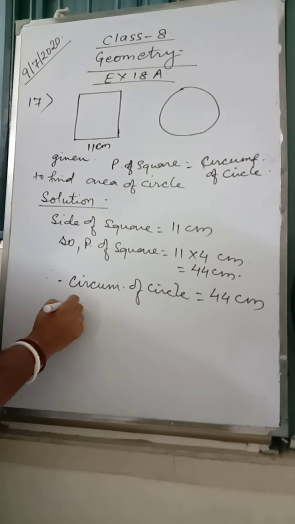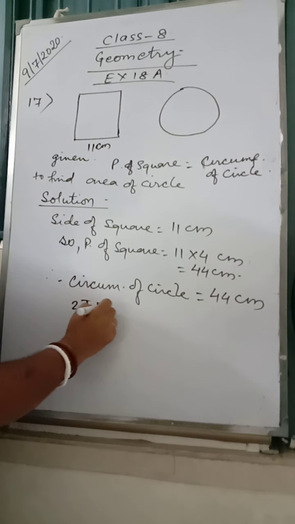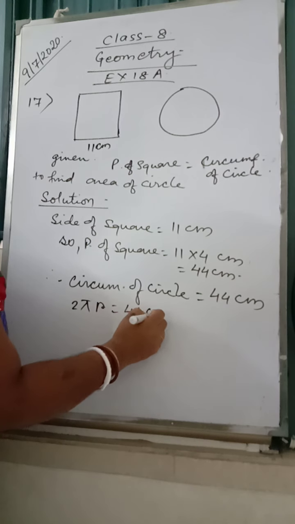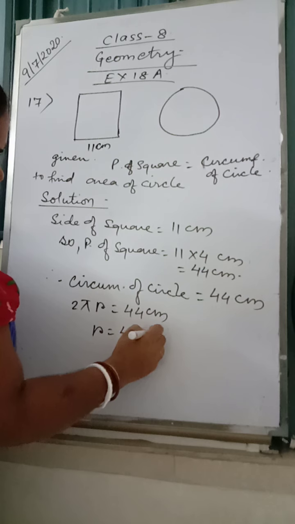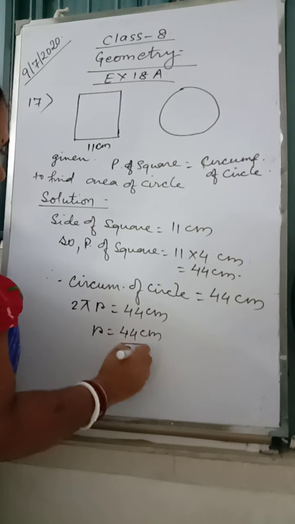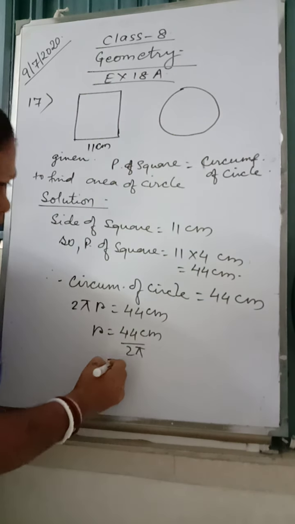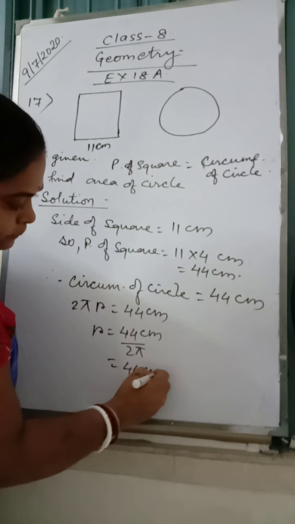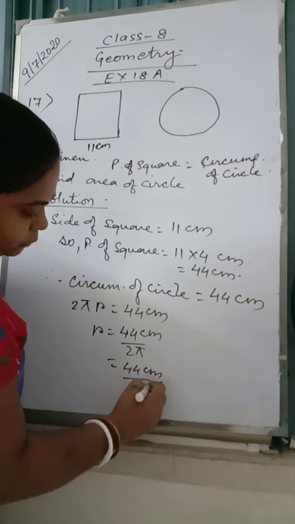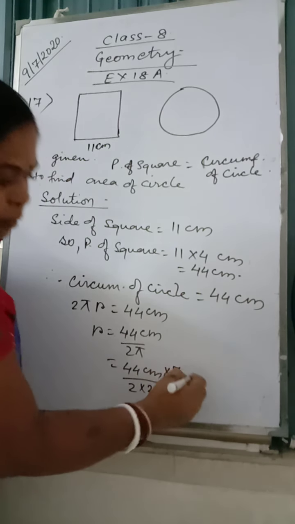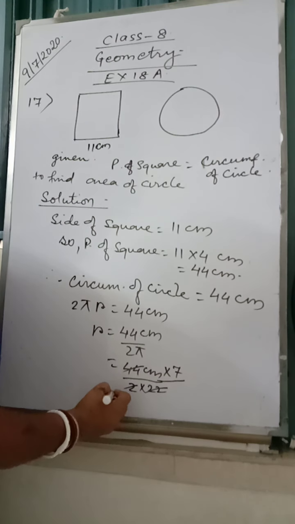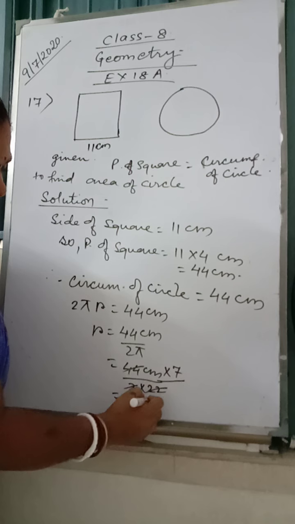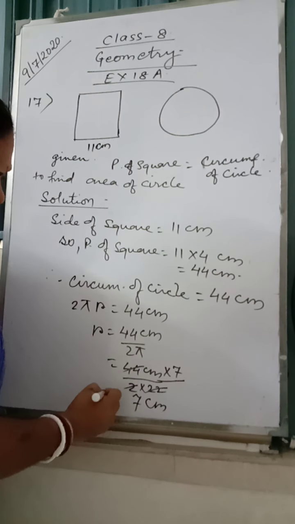So we can write 2 pi r is equal to 44 centimeter. So r is equal to 44 centimeter divided by 2 pi, or 44 by 2 into 22 by 7, and the 7 will go up. So 22 into 2 cancels 44. We got r is equal to 7 centimeter.